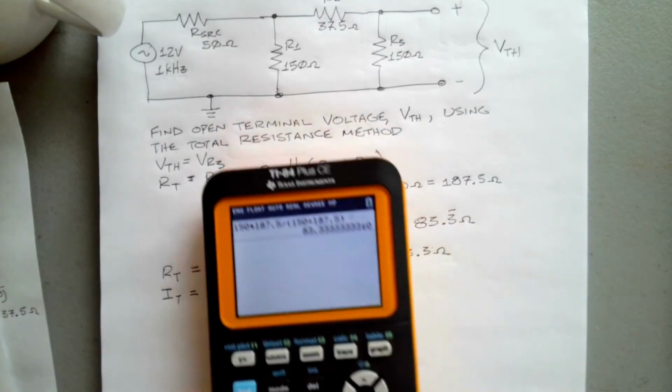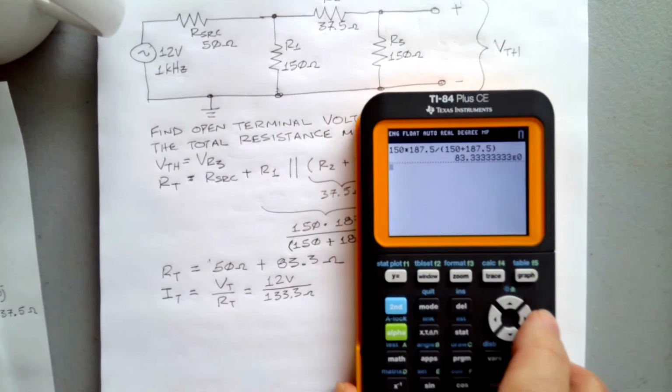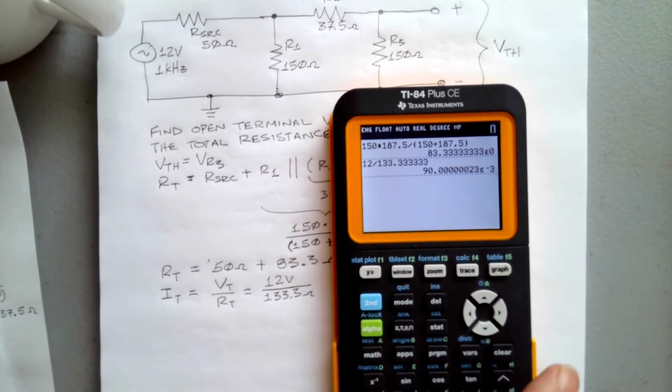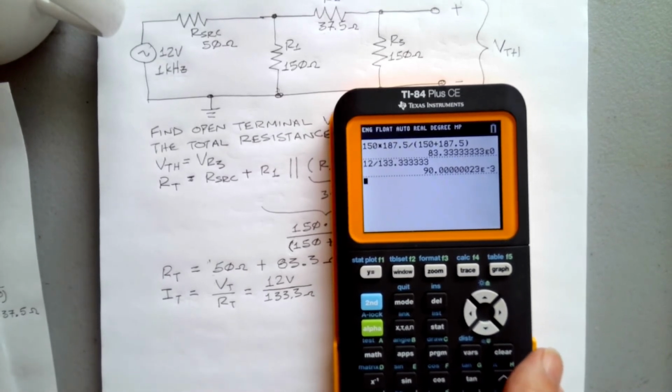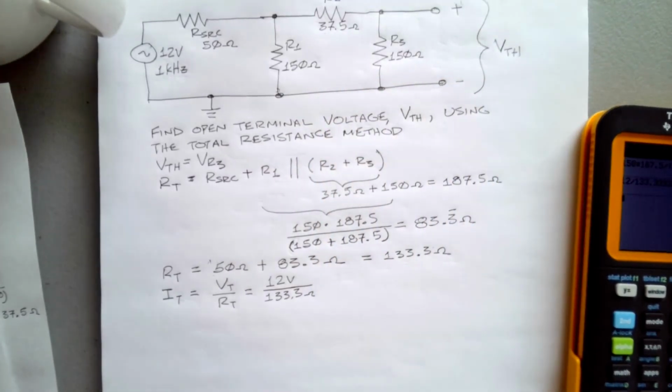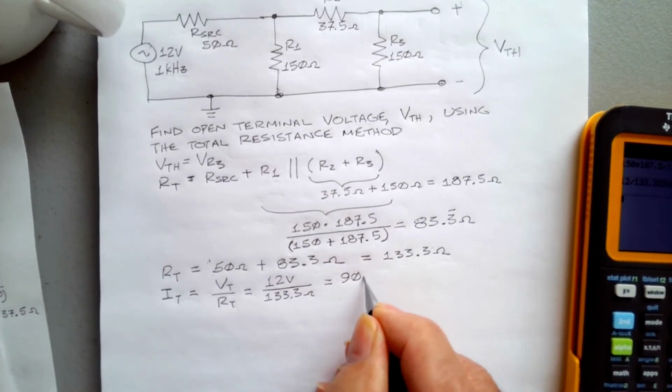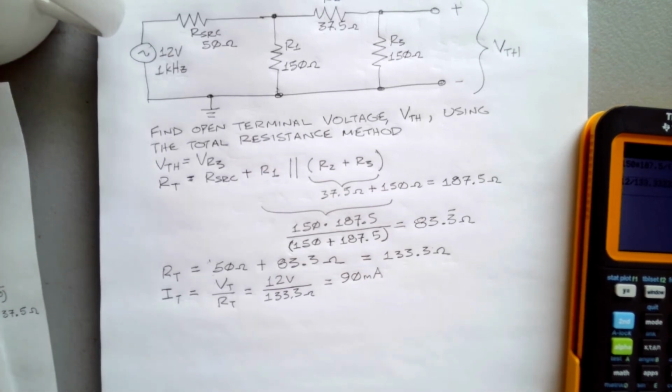Taking 12 and dividing it by 133 point, that ought to be enough threes, we get right around 90 milliamps. So our total current is about 90 milliamperes.